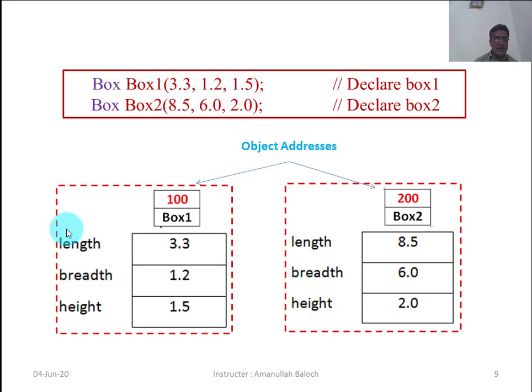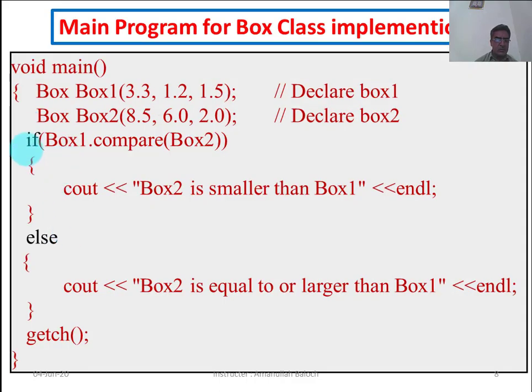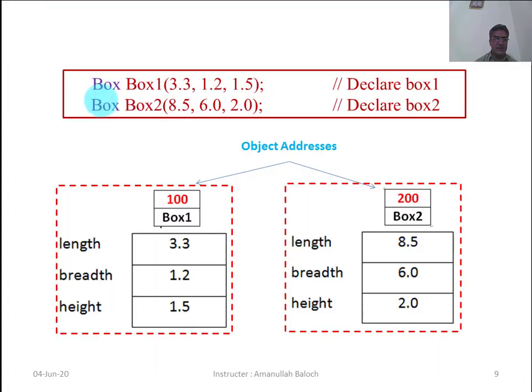Here you may see how the computer will execute the first two lines of the main program: box 1 with 3.0, 1.2 and 1.5, box 2 with 8.0, 8.5, 6.0, 2.0. Please look at this slide for the purpose of these two lines and how the computer will execute them. Box is the class name.